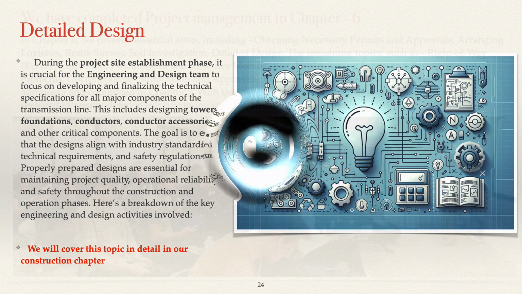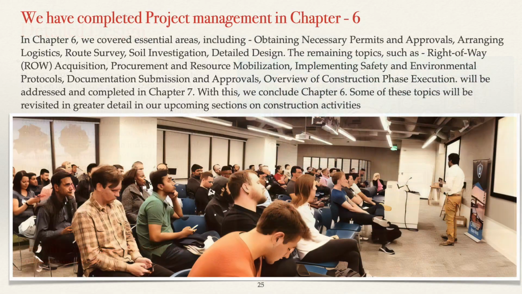Chapter 6 Recap and Chapter 7 Overview. In Chapter 6, we covered essential areas including obtaining necessary permits and approvals, arranging logistics, route survey, soil investigation, and detailed design.